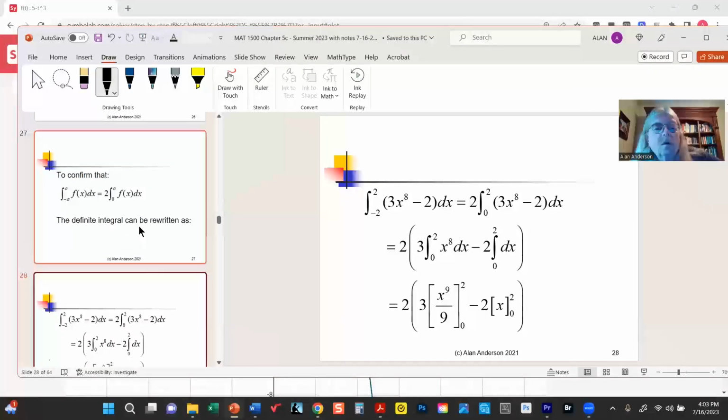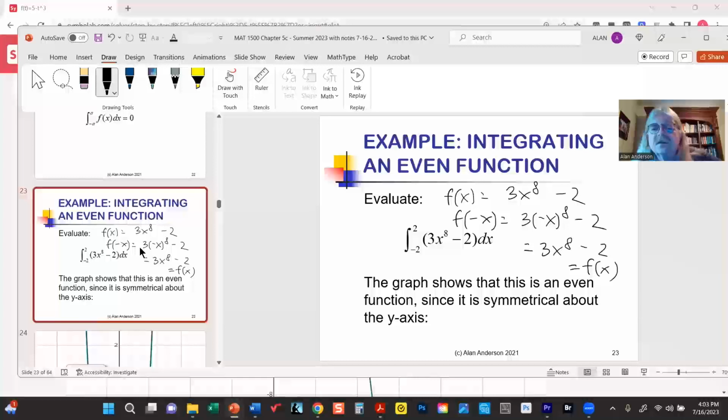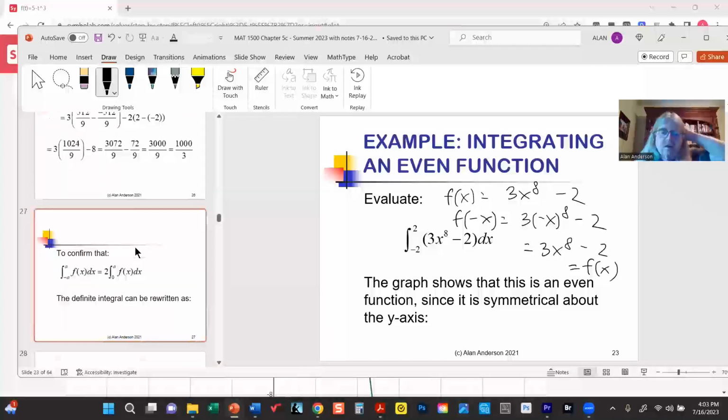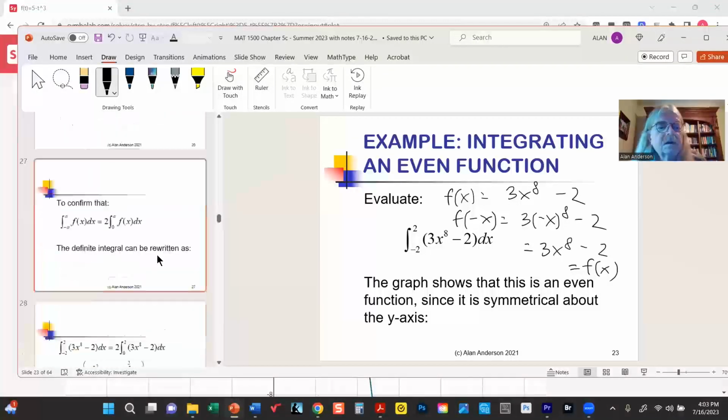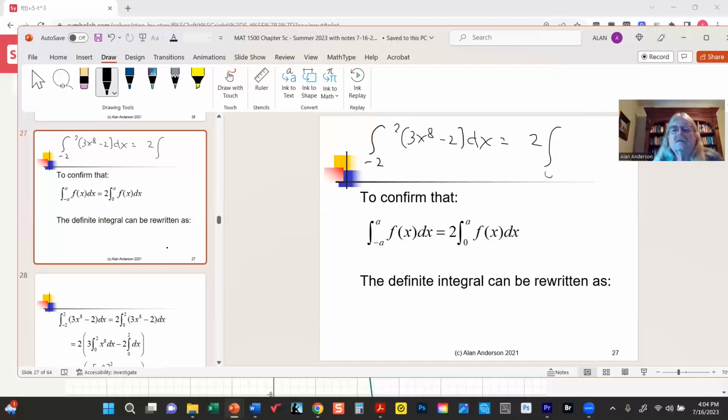Since the original integral was from -2 to 2, what we want to know is, is it true that this is equal to double this integral?